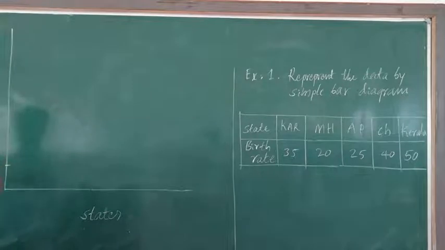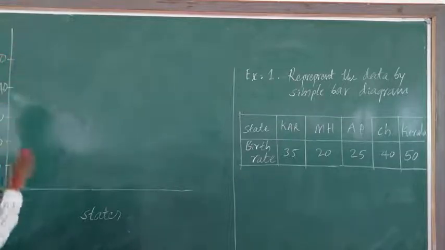This takes from 0 to 10, 20, 30, 40, 50.